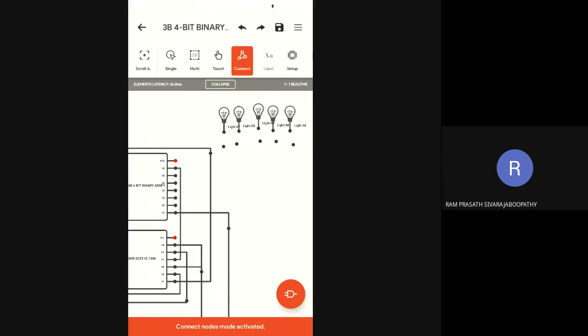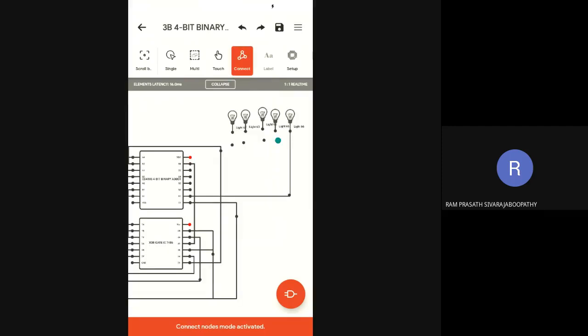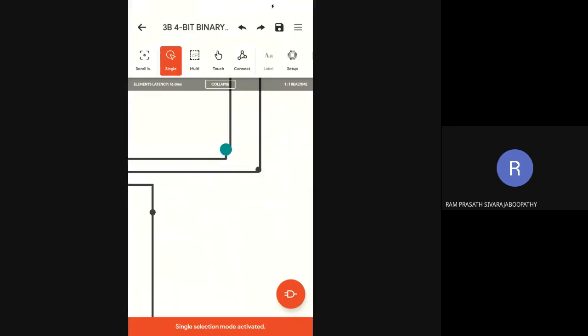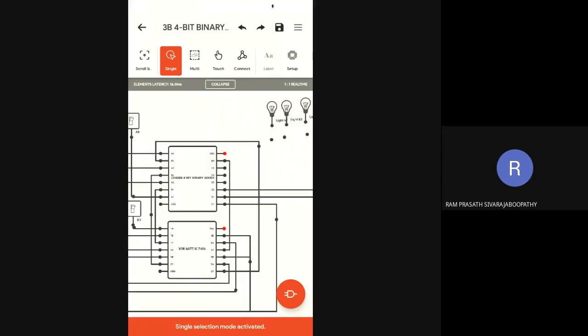So S0, it must be connected to S1, because in our input variable S0 is the least significant bit. And next, this has to be connected to S2. Then we have to connect S3.